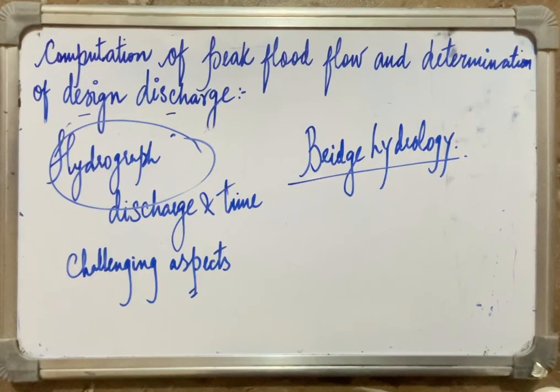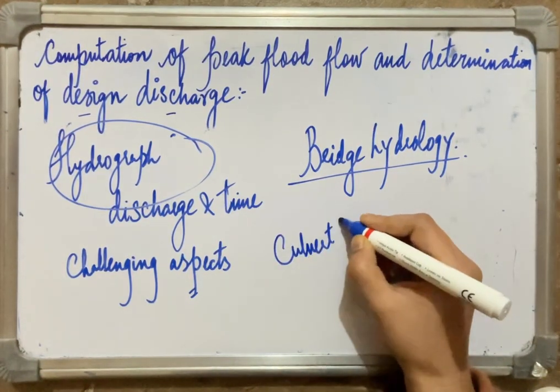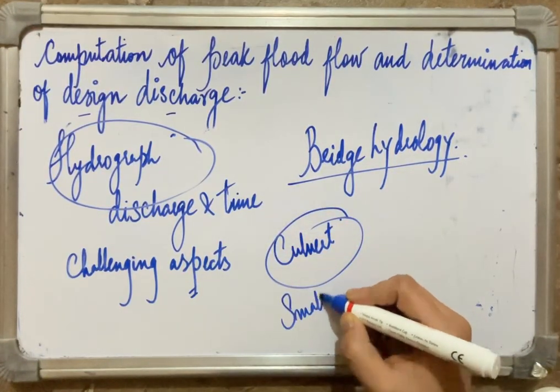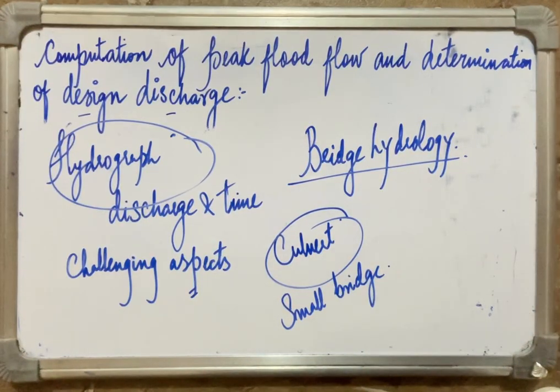The hydrological design aspects of a complete bridge structure are considerably more complex than those of a small bridge or a culvert. And the economic selection of waterway from various possibilities dictates the final design.